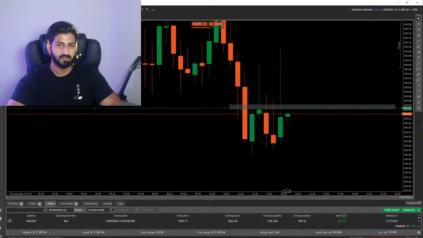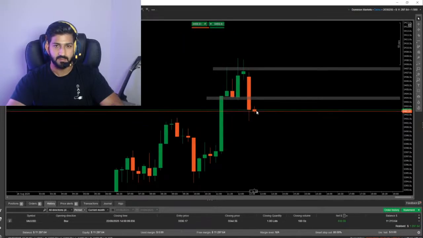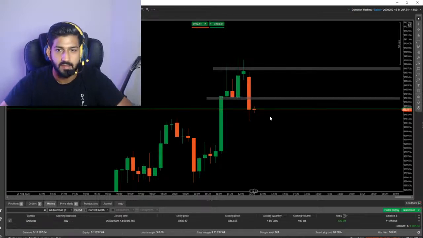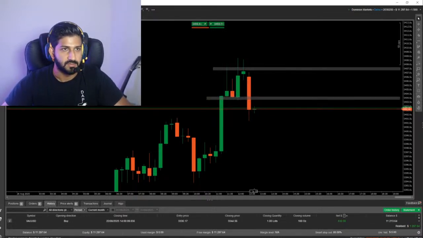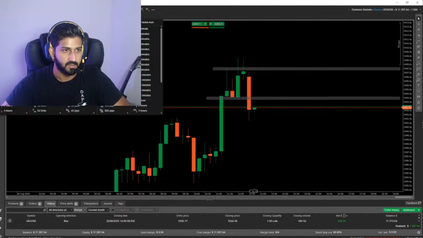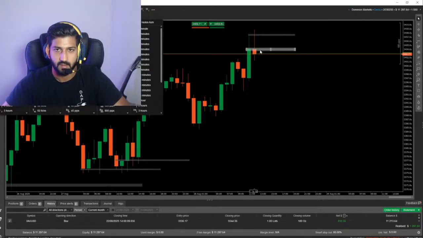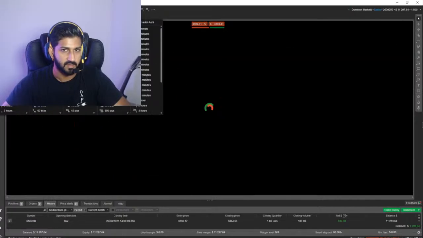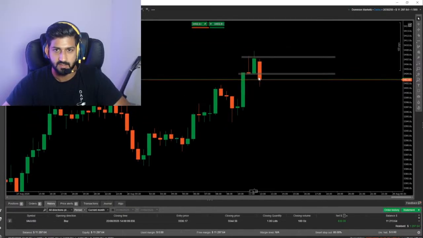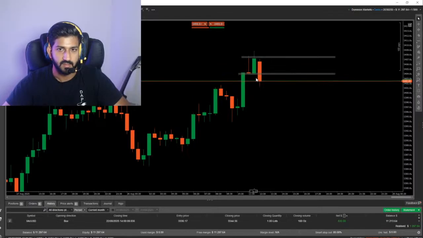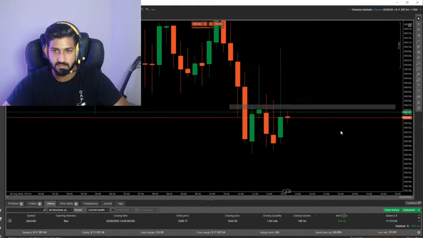You know what? I was thinking about entering a sell, but I want the price to retrace and see how far it can go. Yeah, hourly. You can see we are rejecting from this area. We're rejecting this area. 30 minute. Yeah, if we can close like this, that would be nice.